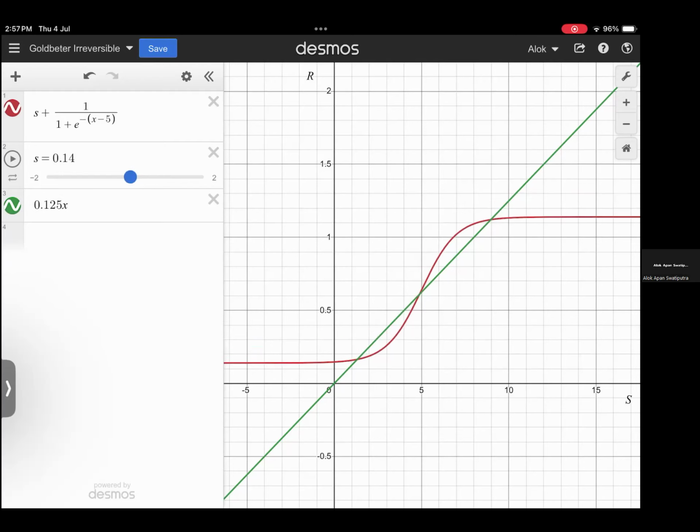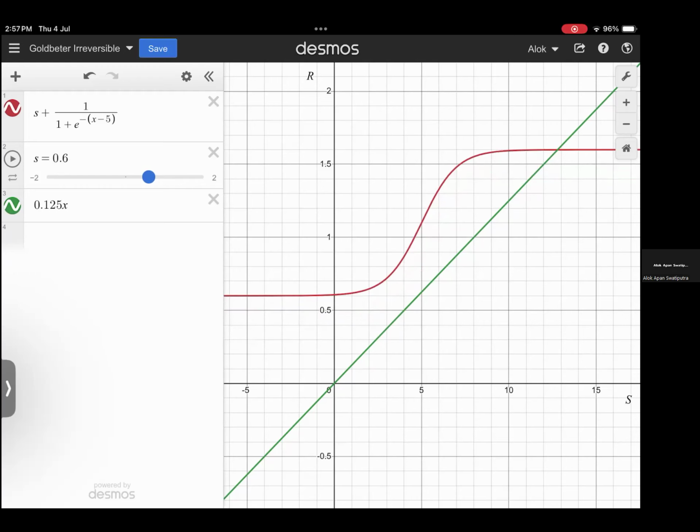So, to think carefully, let me keep S equal to 0. Okay? You see, initially there are 3 points. So this lower steady state and the middle steady state actually come closer as you increase S, right? And at this point, it's a saddle node. Beyond that, these 2 points don't exist.